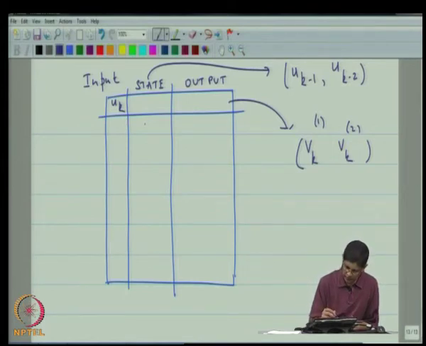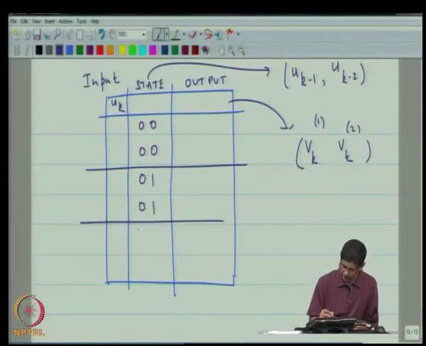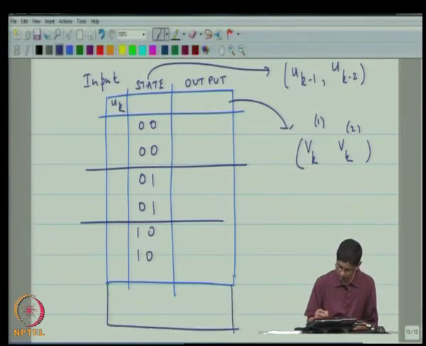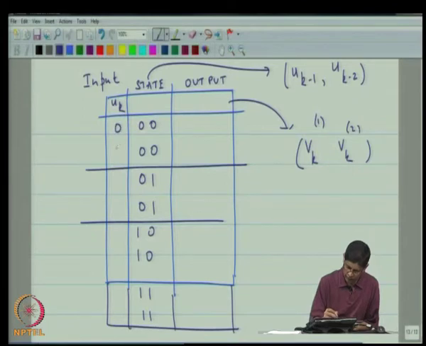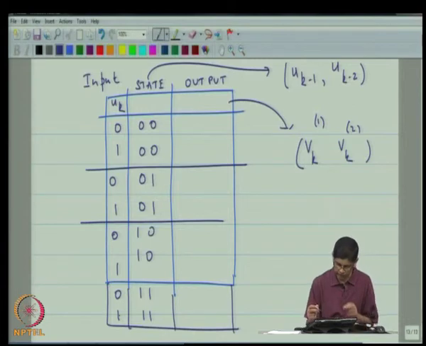Now, let us look at the different possible states. So you have 0 0, that is one state, then you have 0 1, you have 1 0, and you also have 1 1, and the input symbol can either be 0 or 1 for each. Now, there are two outputs.